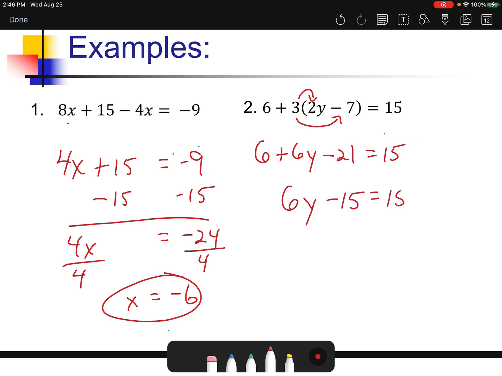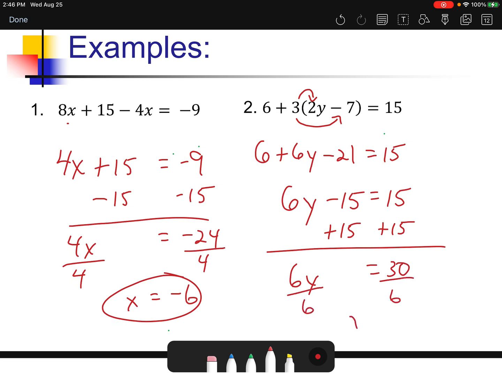Now we combine like terms. Negative 21 and 6 is negative 15. Now we work our PEMDAS backwards. So we're going to add instead of subtract 15, and we're going to divide by 6 instead of multiplying by 6, and we have y equal 5.